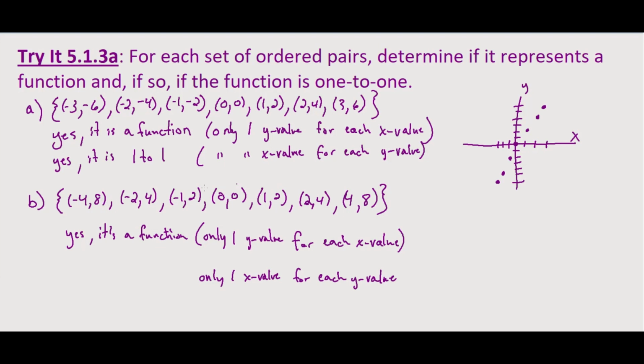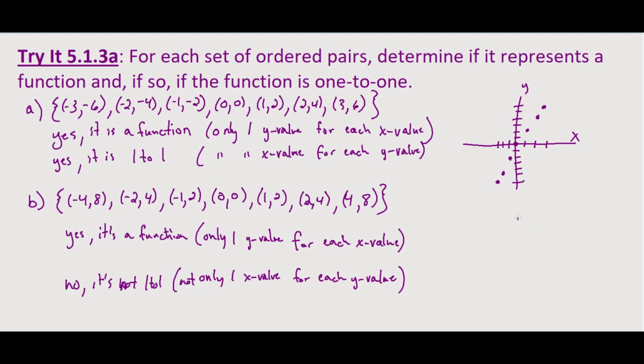So basically, the y value is repeated for every one of these points except (0, 0), the origin. So that means no, it's not one-to-one because there's not only one x value for each y value. Or you could say there are multiple points with the same y value but different x values.